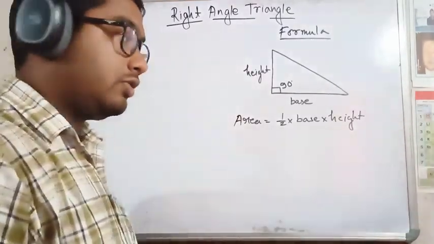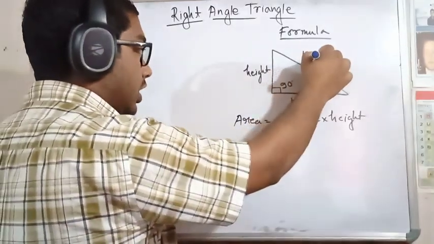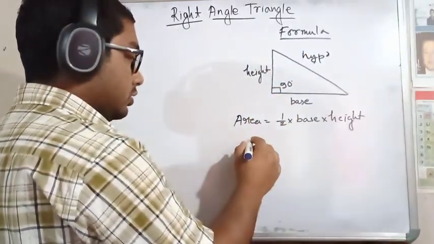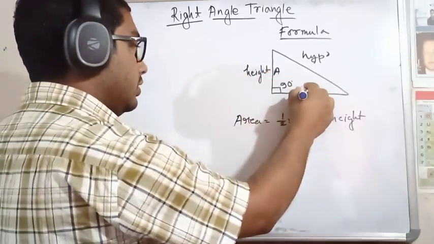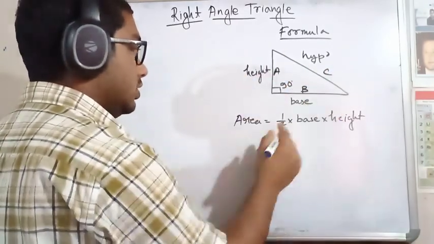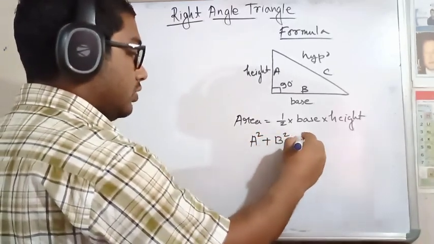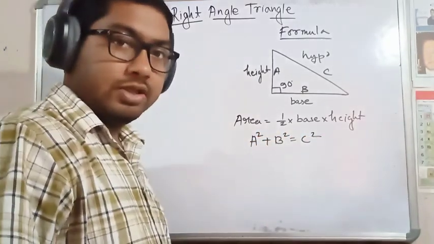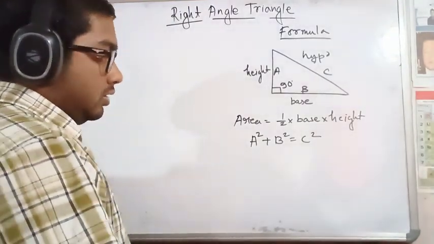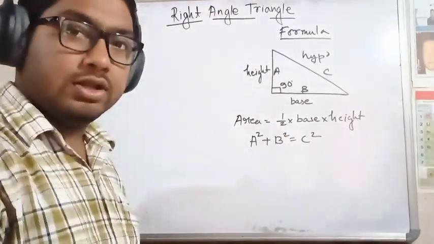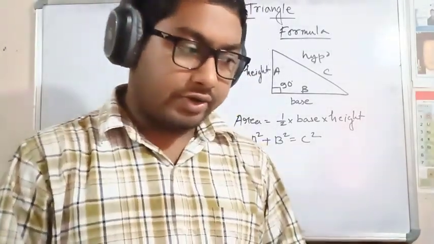Or by the Pythagoras theorem, the hypotenuse: suppose I take this as A, this as B, and the length of this as C. Then we can write A squared plus B squared is equal to C squared by the Pythagoras theorem. This is the basic formula of any kind of right angle triangle.